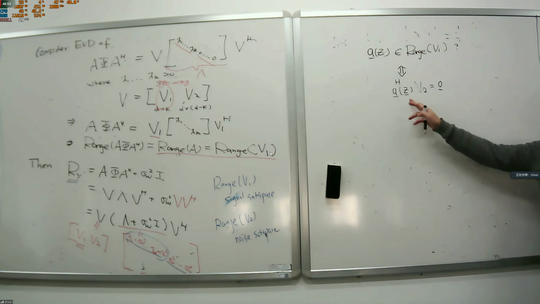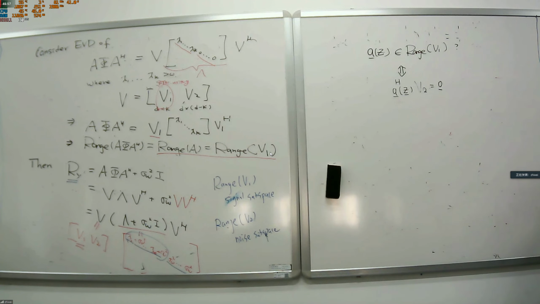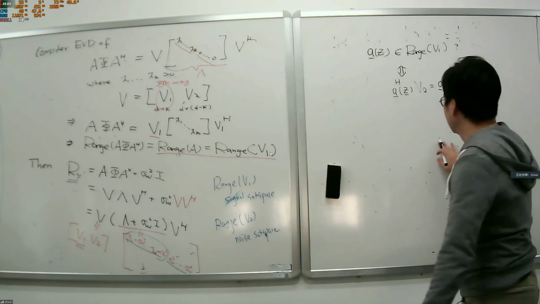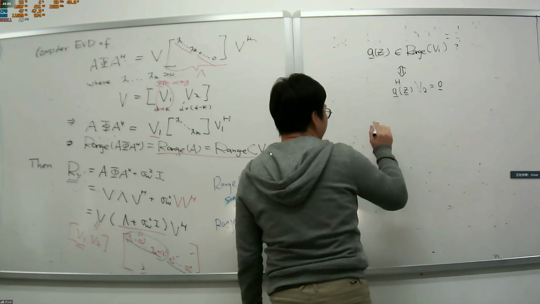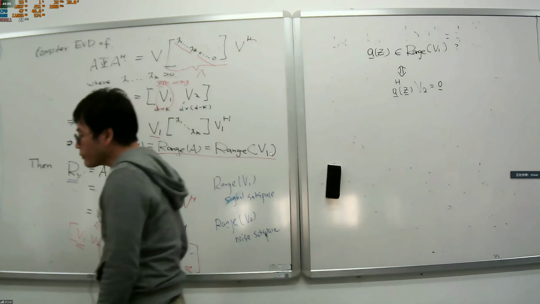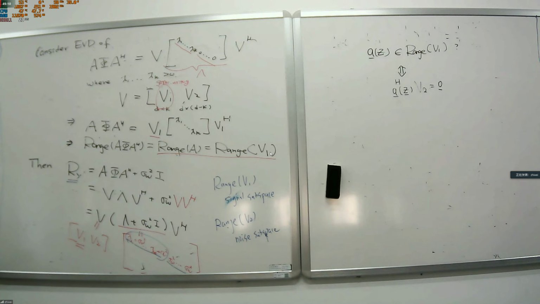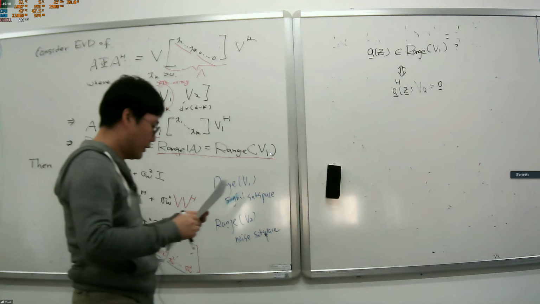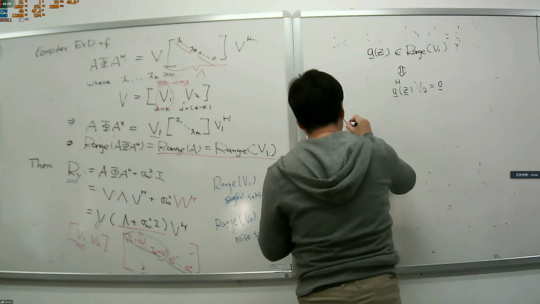So if AZ is orthogonal to V2, it means AZ belongs to the range space of A. Then this one is easier to check. So we can have an algorithm, which is to search over F. This algorithm is called MUSIC.